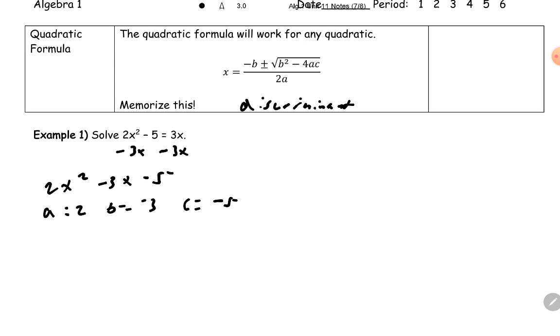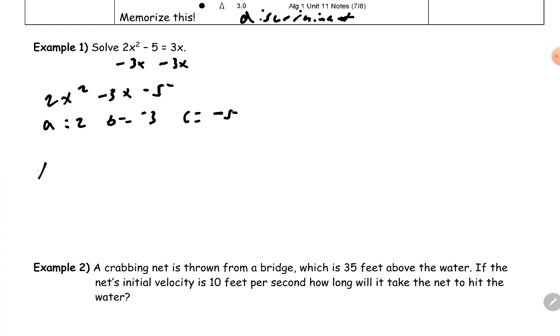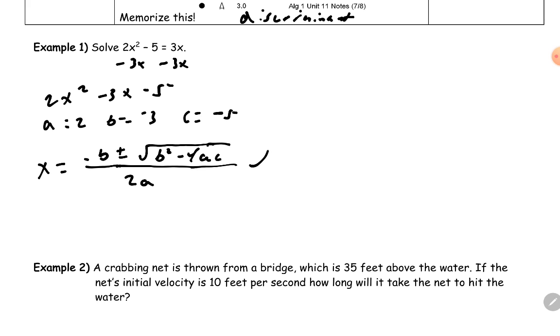Once again, we're going to use the formula x equals negative b plus or minus the square root of b squared minus 4 times a times c all over 2 times a. So we're going to plug in our values.